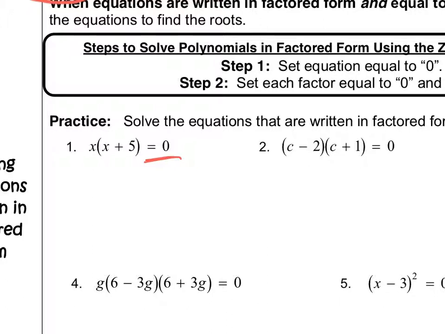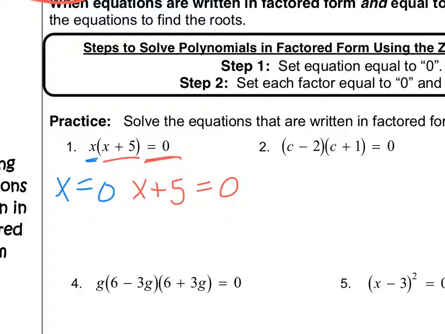To get our solution, we're going to take the first factor, x, and set it equal to 0. Then we're going to take the second factor, x plus 5, and set it equal to 0. So now we've really created two separate equations because we're going to have two separate solutions, one for each factor.